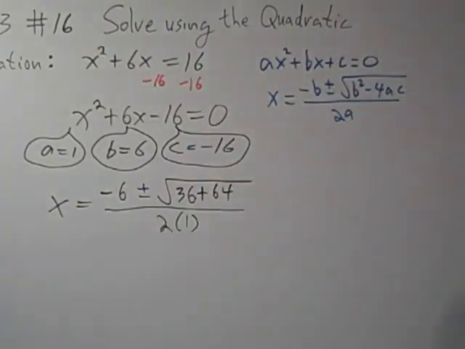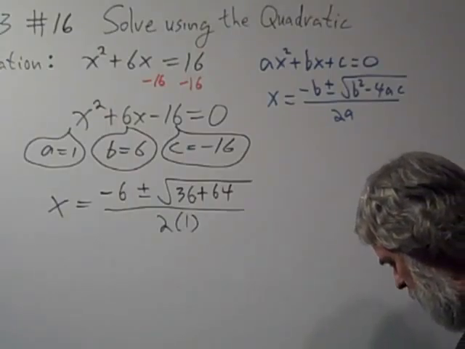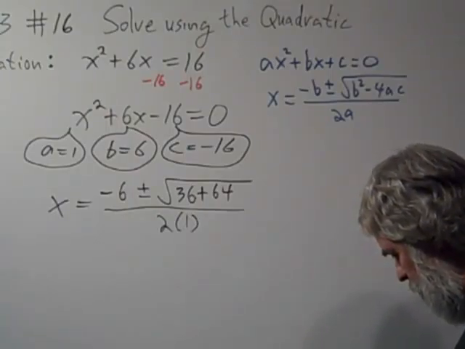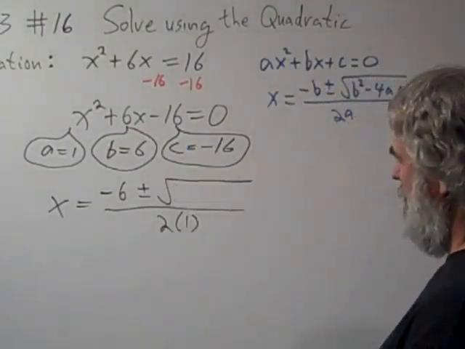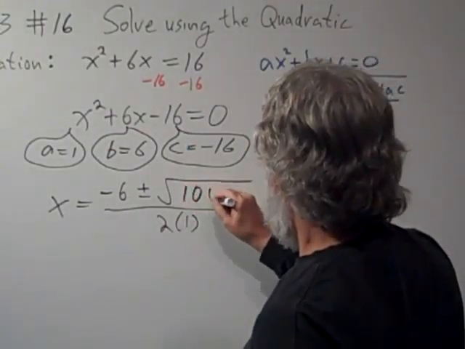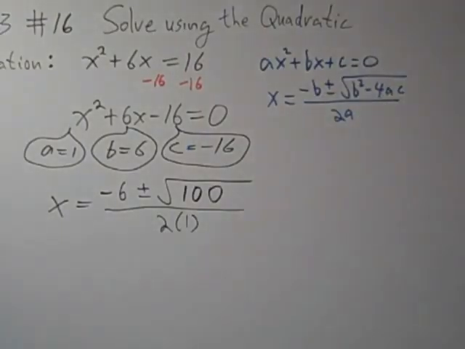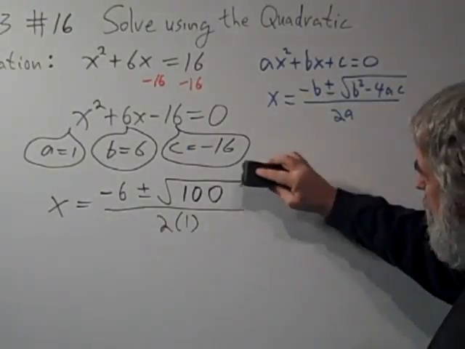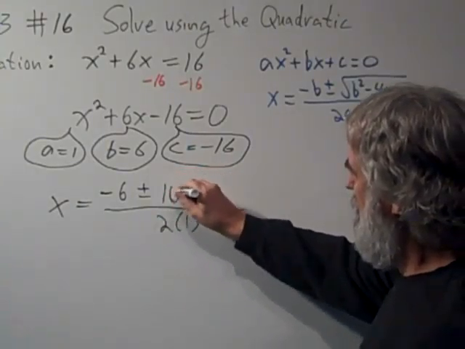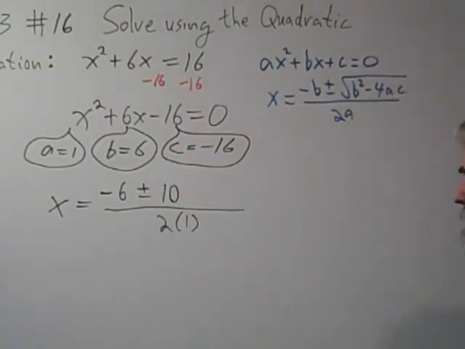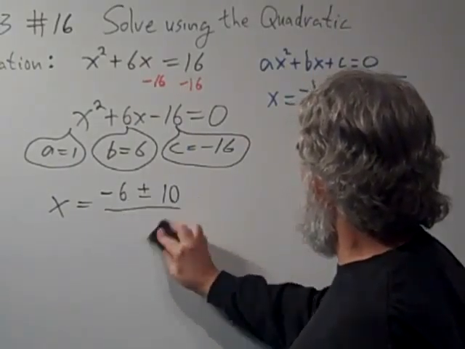And 36 plus 64 is exactly 100. And the square root of 100 is 10. Meanwhile, in the denominator we just have 2 times 1, which is 2.